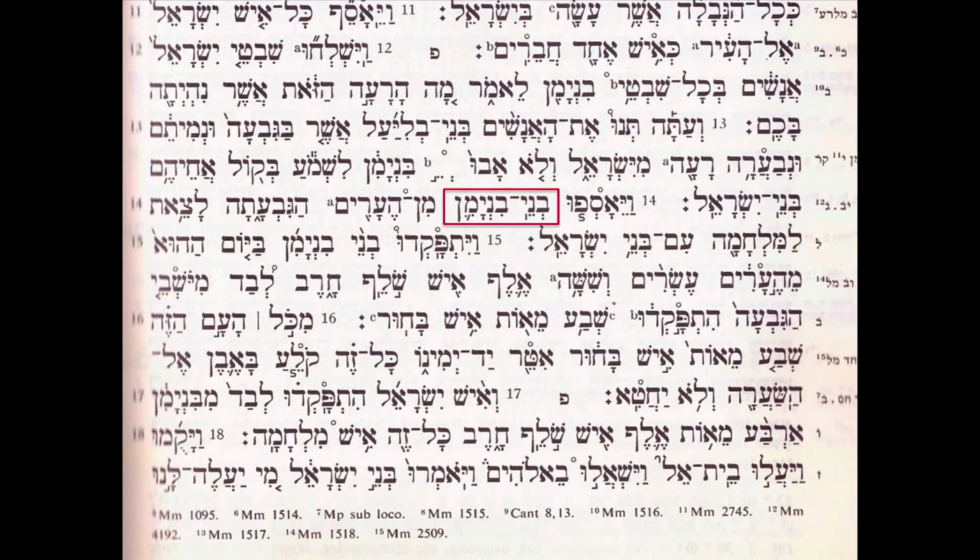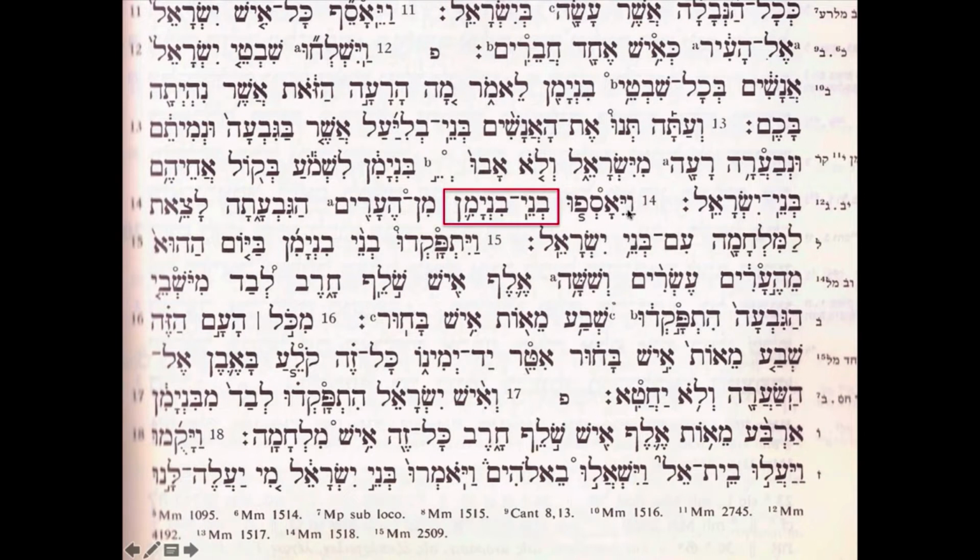If you notice the letters, even if you don't know Hebrew here, you can look at this. Beit, Nun, Yod, these three letters are the same here. Beit, Beit, Nun, Nun, Yod, Yod.